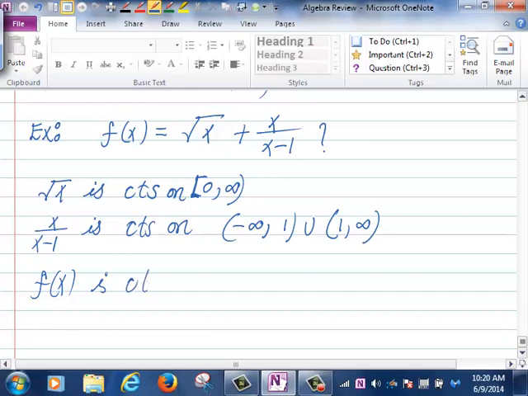You have to look at the intersection of the two because it's a sum. So this would be from 0 to 1 and 1 to infinity. Is everybody okay with that? Once again, I want to warn you that the continuity at 0 is only from the right.